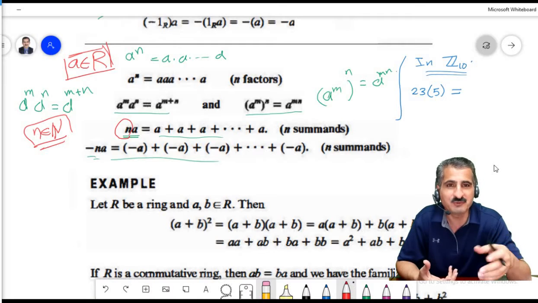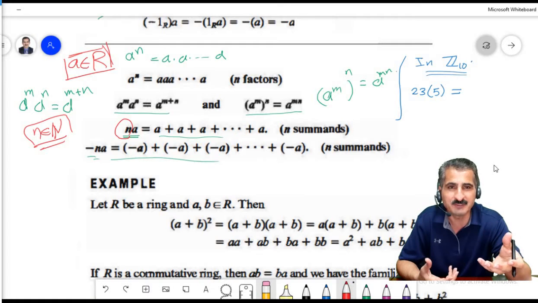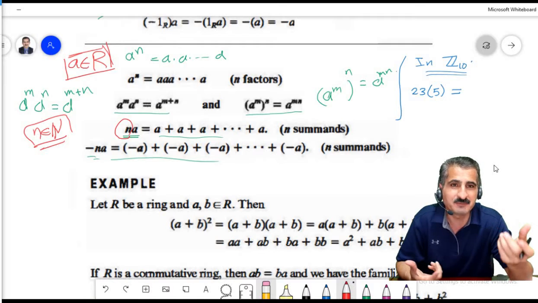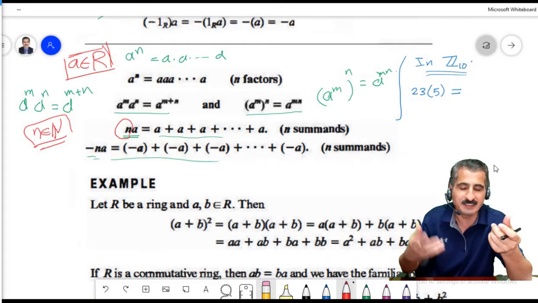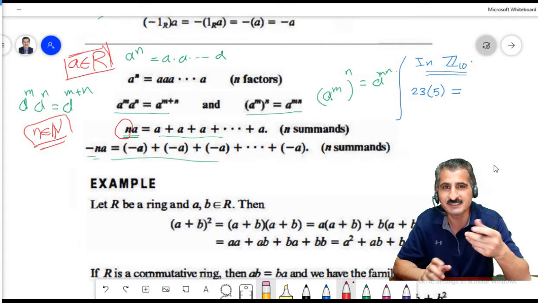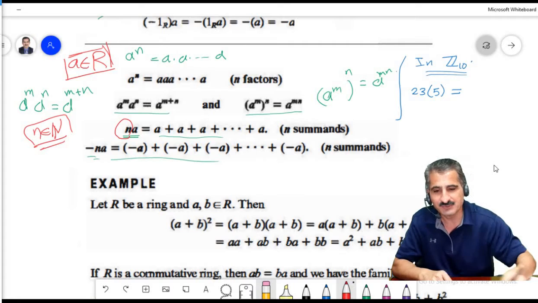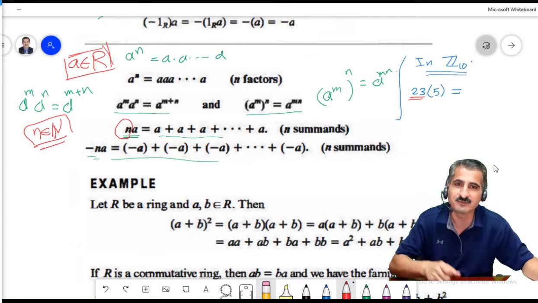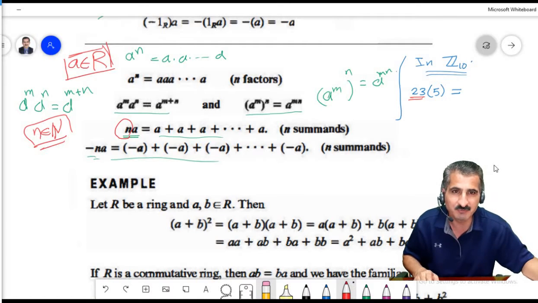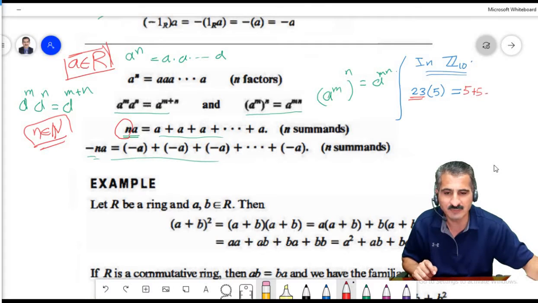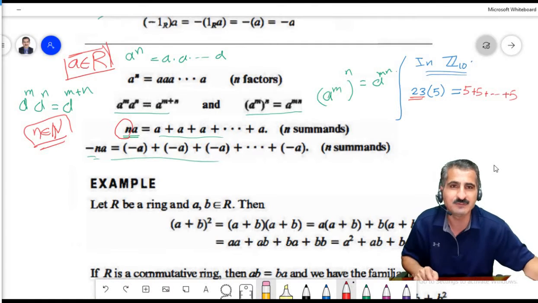The operation might be composition of functions, or multiplication of matrices, or addition and multiplication modulo some integer, modulo 5. So we will not multiply that with Z. Z is n, a natural number, because that's coming from a different environment. So this is not a multiplication, it is notation. So if you object that 23 is not in Z10, I will say, okay, I'm not assuming we are doing multiplication inside Z10, but I'm using that to tell you that I want to add 5 to itself 23 times.